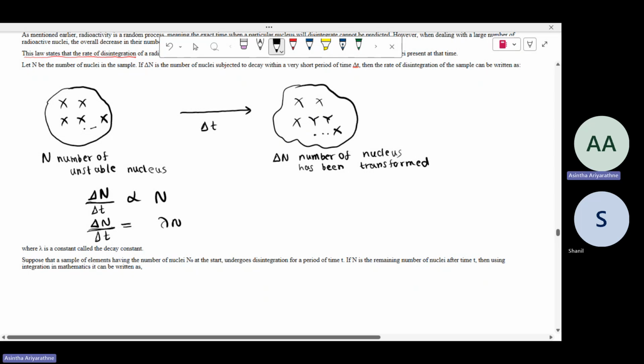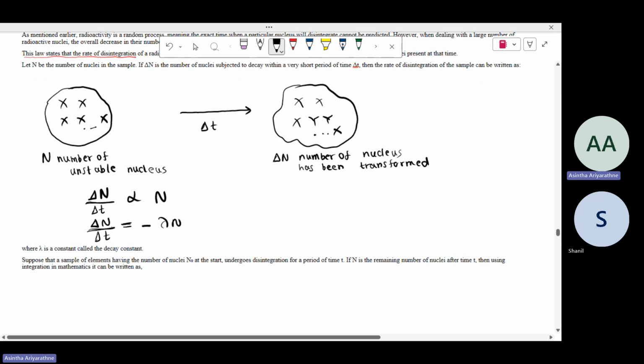Then out of that 6, around 2 or 3 would again be transformed after some time, and the remainder would be 4. So gradually this n number decreases, so the rate of disintegration also decreases. In order to denote this decrease in rate, a negative sign is introduced.